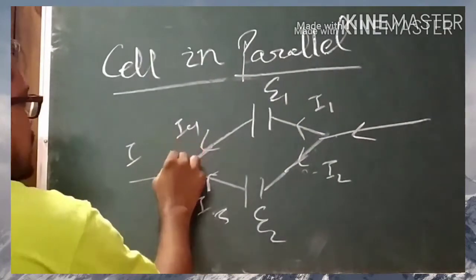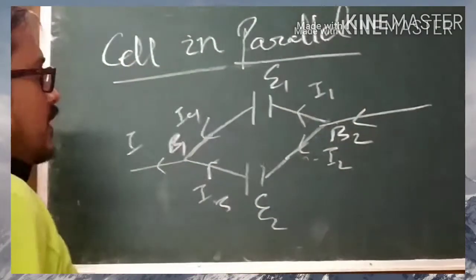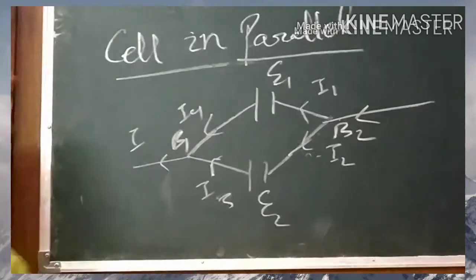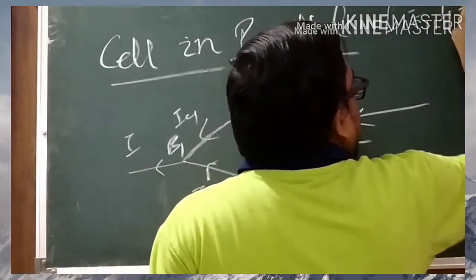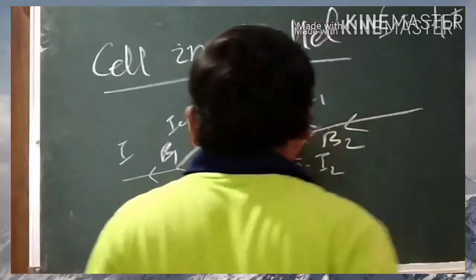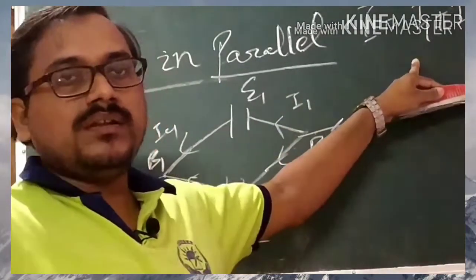Let us consider this as V1 and this as V2. As we know, in parallel combination, the net current will always be I1 plus I2. So to find I, we first have to calculate I1 and I2.